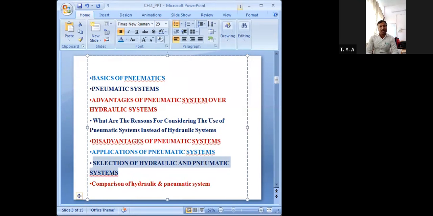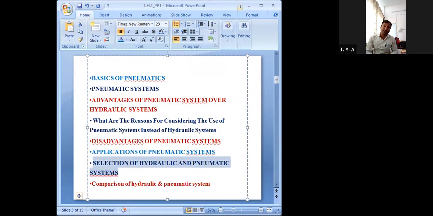Getting it? Then the third guideline is that if the application requires only a medium amount of pressure and feed of greater accuracy, that time a combination of air pneumatic and oil hydraulic system can be used. The combination of air pneumatic and oil hydraulic system can be employed for the application where a medium amount of pressure and feed of greater accuracy is required.